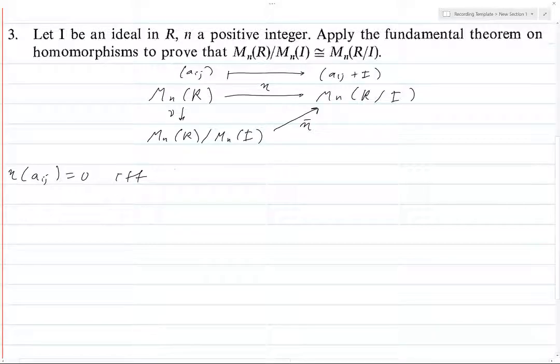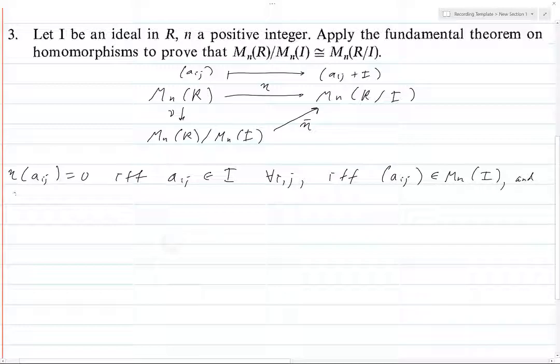So this holds if and only if a_ij is in I for all i and j, which holds if and only if a_ij is in M_n(I), and so the kernel of eta equals M_n(I).